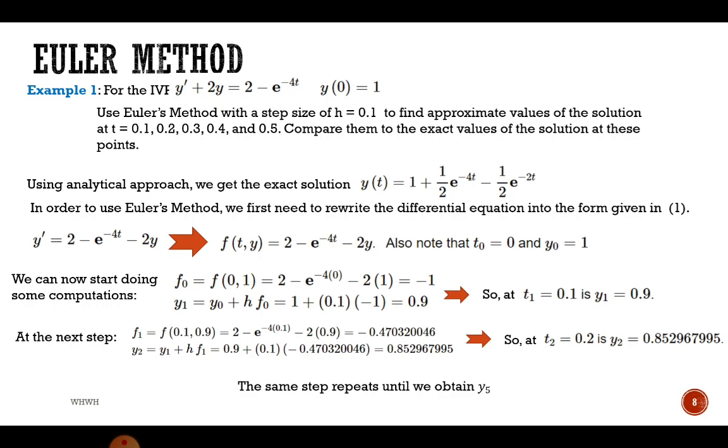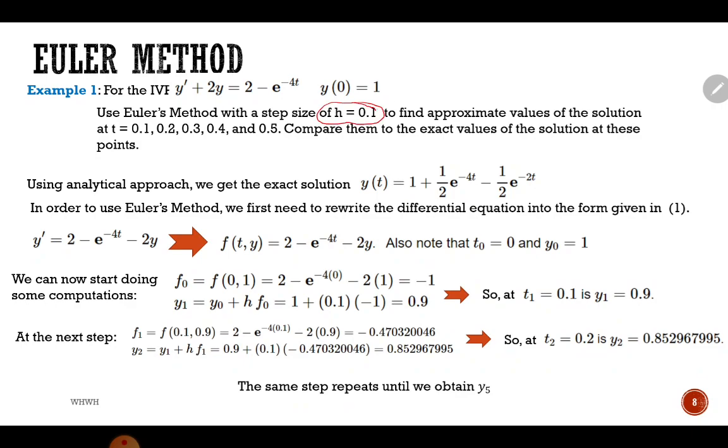y prime plus 2y equals 2 minus e to the power of minus 4t, where y(0) equals 1 is the initial condition. The question asks you to use Euler's method with a step size of h equals 0.1. So what is this h?